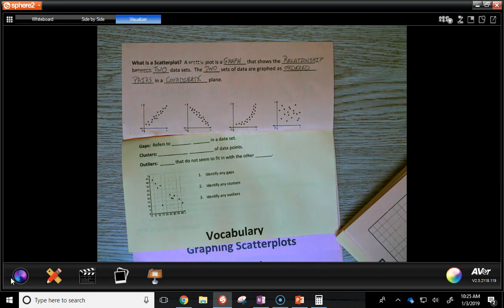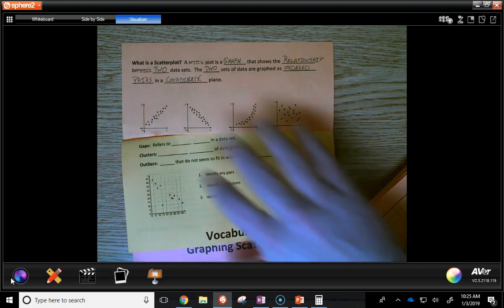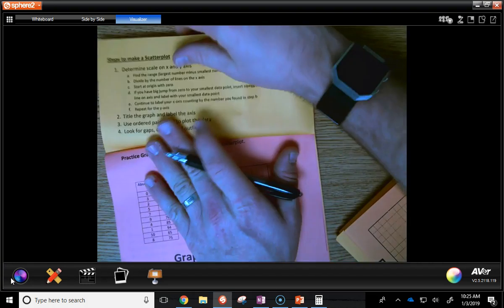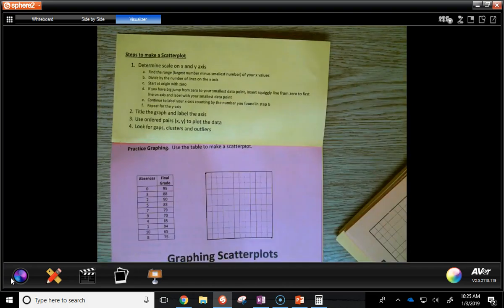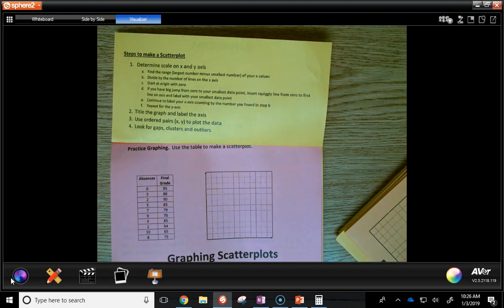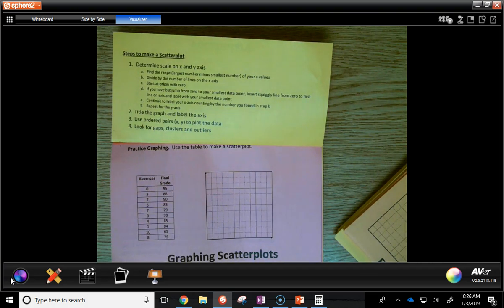The next part we're going to do is turn your page to graphing. Steps to make a scatter plot. For today, you are going to do 3 steps to graph a scatter plot.